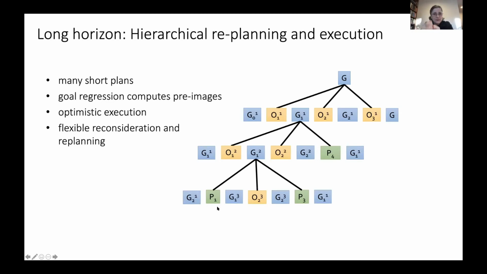Now we execute that primitive action in the world, get an observation, do a belief update, and ask ourselves, what should we do next? One thing about this hierarchical stack of plans is that it gives us a good way to do replanning and reconsideration.